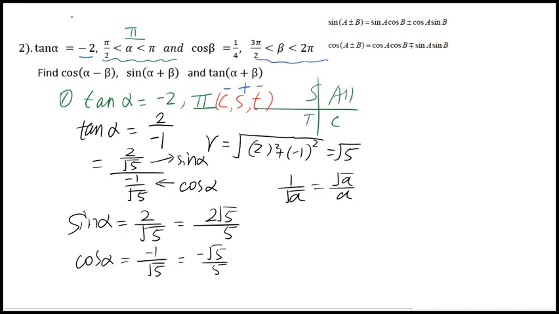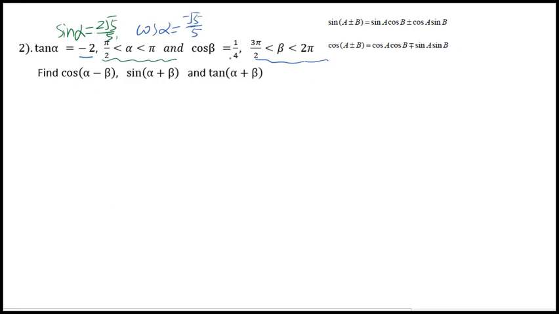So I will write down here, sine alpha equals 2 square root of 5 over 5. Cosine alpha equals negative square root of 5 over 5. Let's work on this.